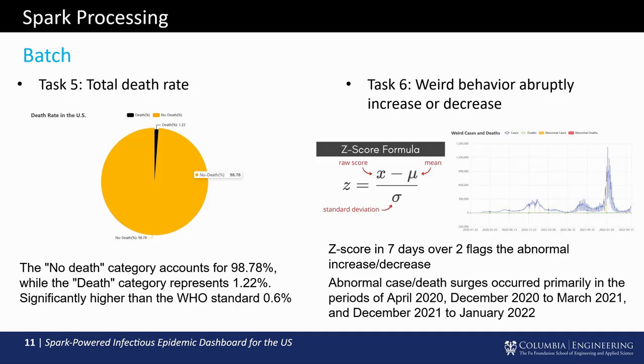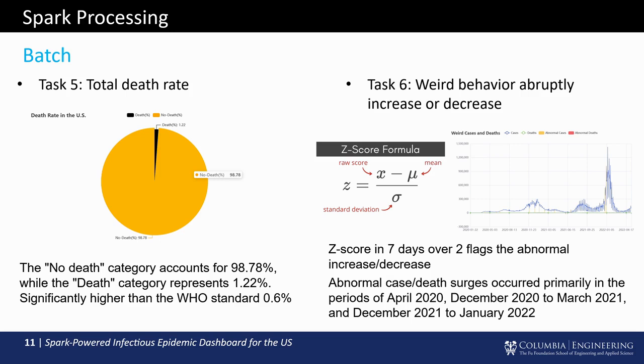For the batch, the total death rate in the US is 1.22%, which is significantly higher than the WHO standard of 0.6%. For the death rate increase or decrease, we use this score formula here. A score above 2 in 7 days flags an abnormal increase or decrease.